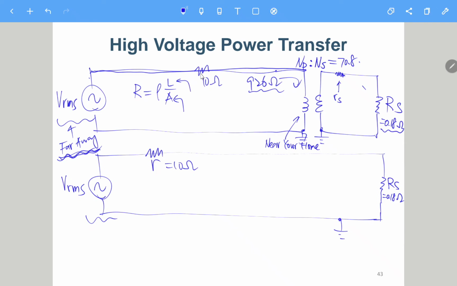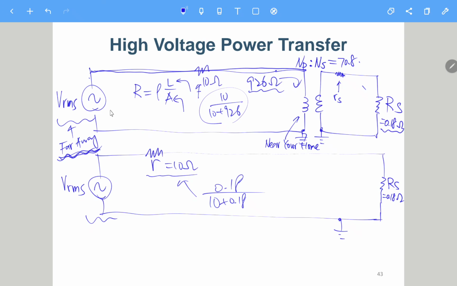If this is 926 and this is 10, then 10 over 10 plus 926 is the portion of power consumed by this resistor. But here, if the total resistance is still 10 ohm, then it is 0.18 over 10 plus 0.18, so almost all the power is consumed by this resistor. That's why we need to use the transformer.